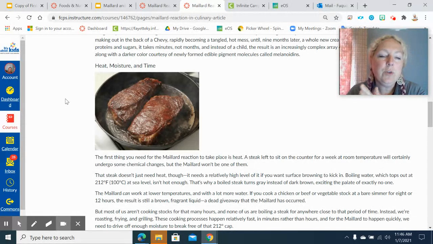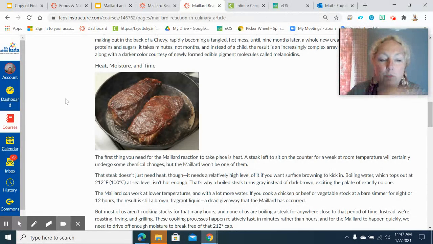Most food items have some amount of moisture in there. We've already learned from our science lesson that when you apply heat to food, moisture is going to escape. Ultimately, you want to make sure you are cooking at high enough temperatures so that the water will evaporate and you maintain that dry cooking method.